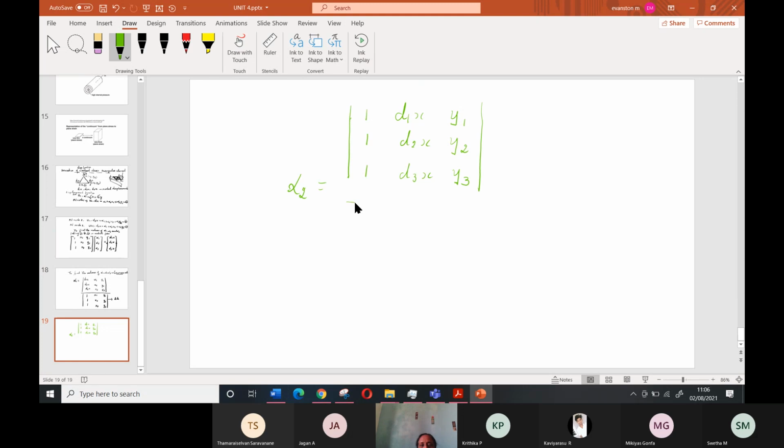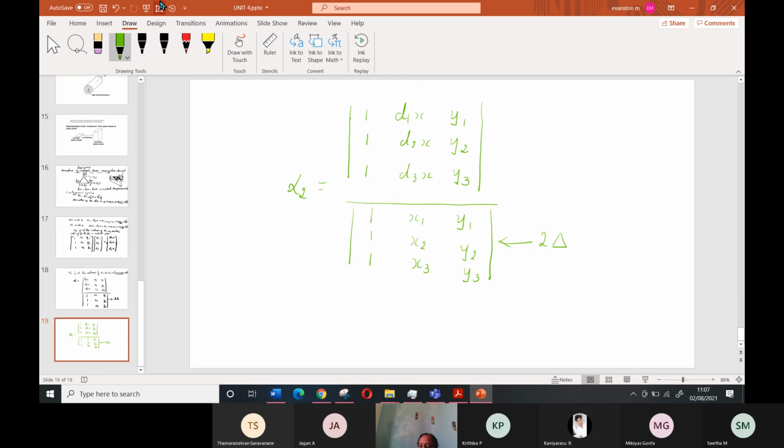That should be divided by the determinant with columns 1, 1, 1, then x1, x2, x3, then y1, y2, y3. Again, I can write this as 2 delta. This is the value of alpha 2.